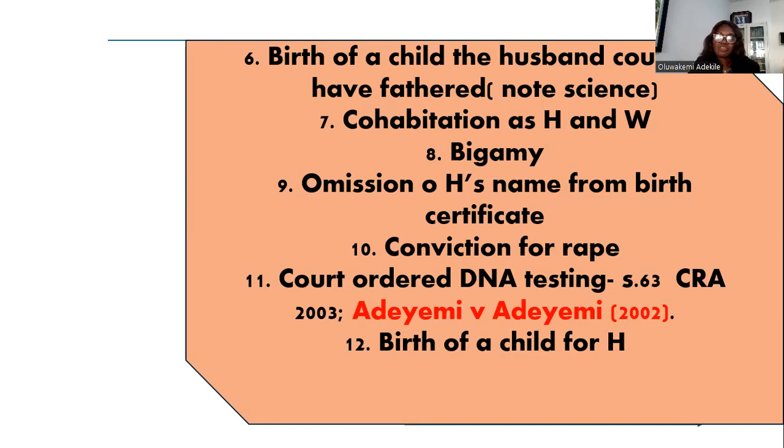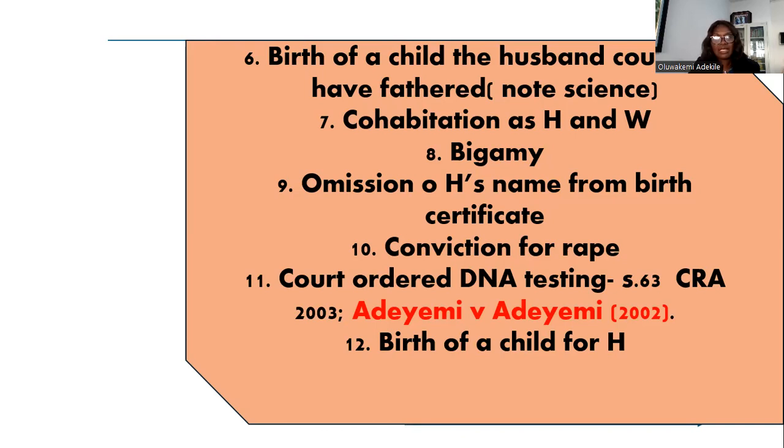Where there is omission of the husband's name from the birth certificate, if a wife were to go and obtain a birth certificate, for instance, and she puts another man's name as the father of that child, these are all circumstantial evidence, subject to proof or rebuttal before the court.